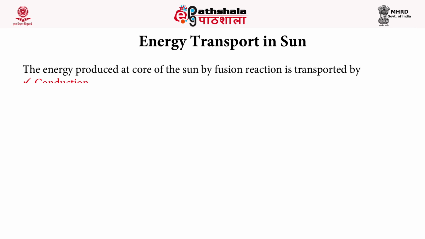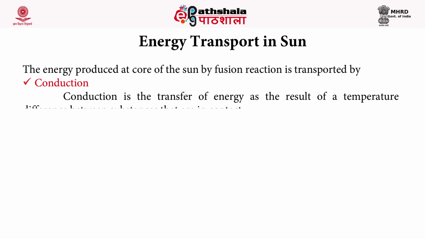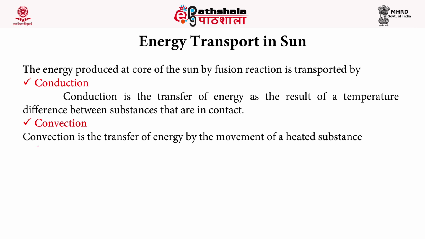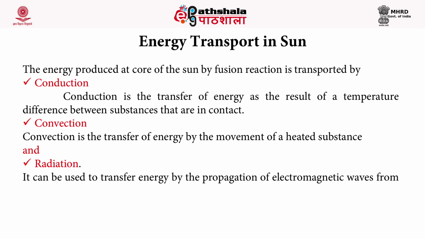Now the energy is produced inside the sun, mainly inside the core. So it has to be transported outside. Let's see what the mechanisms of this transport are. The energy transport is mainly by means of conduction, convection and radiation. Conduction is the transfer of energy as a result of temperature difference between substances that are in contact.